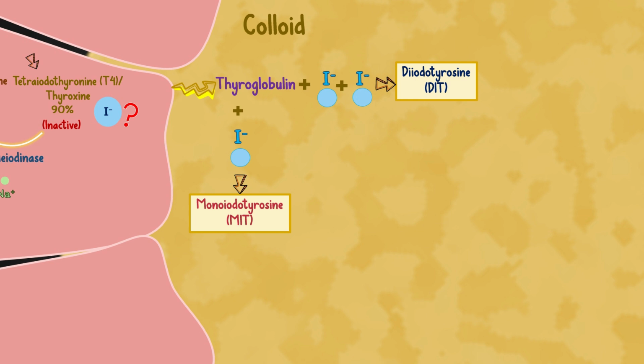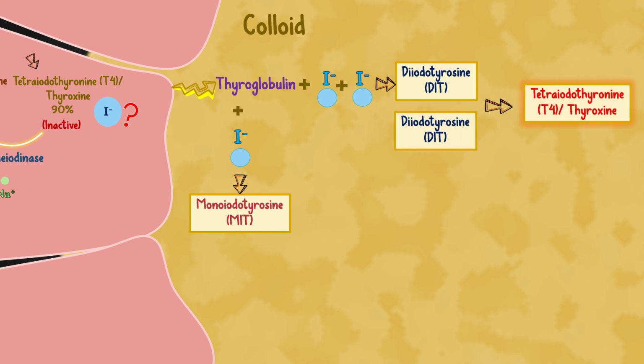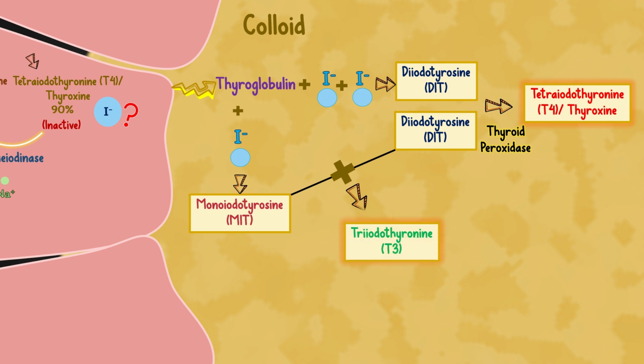Now, when two diiodotyrosine combine, they form tetraiodothyronine, or T4, or what we call thyroxine. That is a thyroid hormone in the presence of thyroid peroxidase. While, on the other hand, when a monoiodotyrosine binds with a diiodotyrosine, it generates a triiodothyronine, or T3, the active form of thyroid hormone. This also takes place in the presence of thyroid peroxidase.